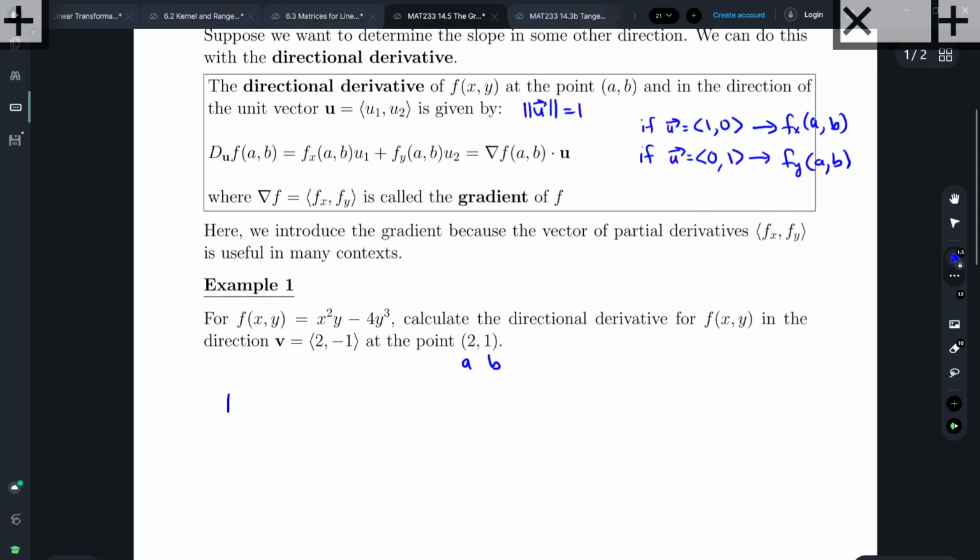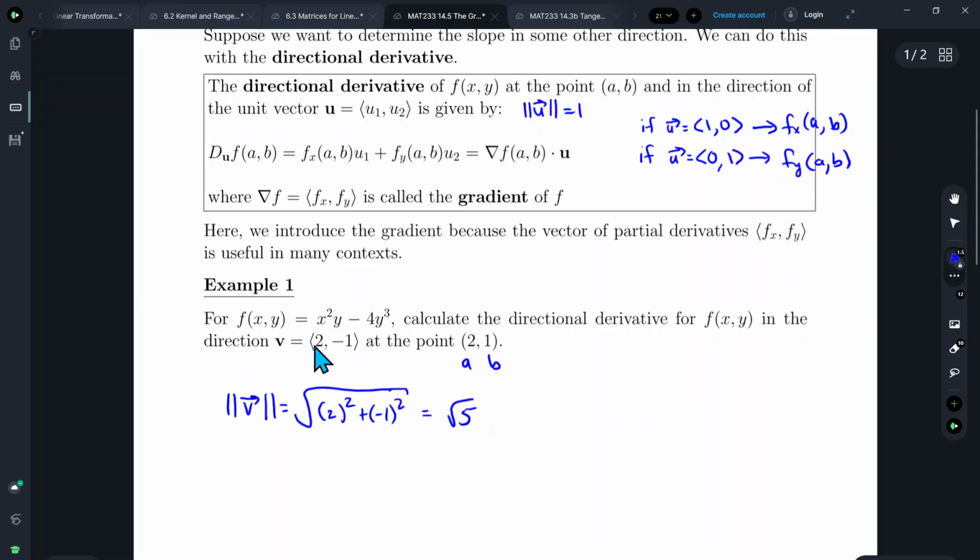So the magnitude of v, let's just calculate it real quick, is the square root of 2 squared plus negative 1 squared. So that's just 4 plus 1. So this is the square root of 5. So we have to first normalize the vector, right?